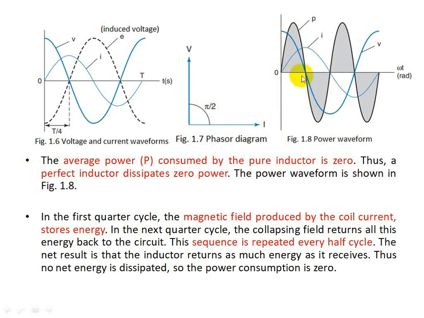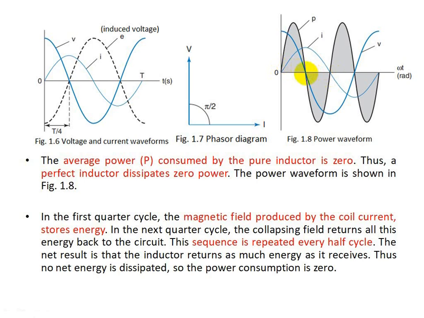Coming to the power waveform, it is shown here by a dark line. During the first quarter of the cycle, the power wave is a positive cycle, and during the next quarter of the half cycle, it has a negative cycle. During the first quarter, the energy will be stored in the inductor, and during the negative cycle, this energy will be supplied back to the source.